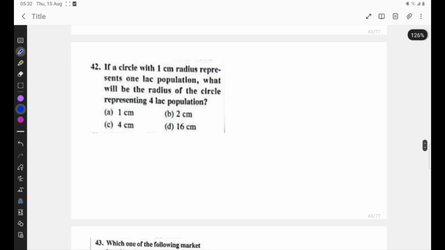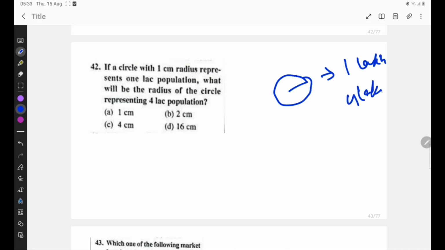The next question says, if a circle with 1 centimeter radius represents 1 lakh population, what will be the radius of the circle representing 4 lakh population?